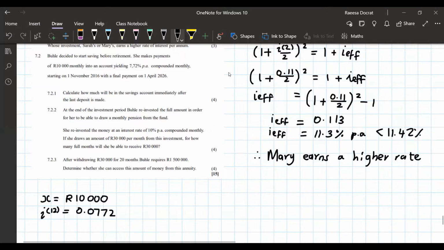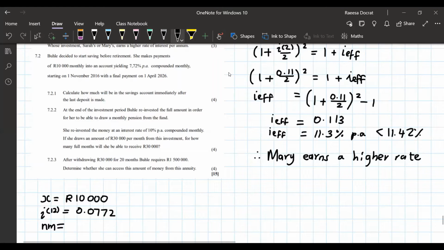I've already converted it into a decimal fraction. And we want to know how many payments, or let's say the number of months, are between the 1st of November 2016 and the 1st of April 2026.